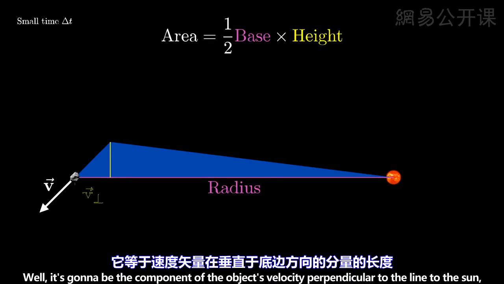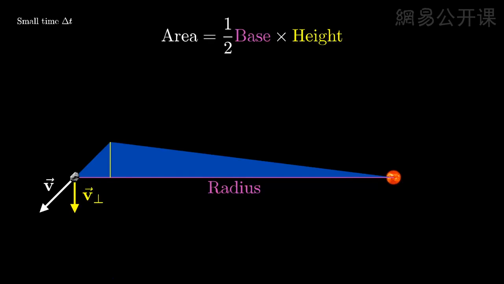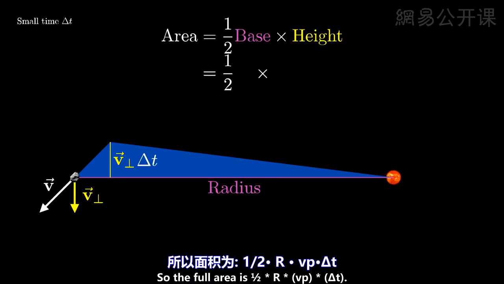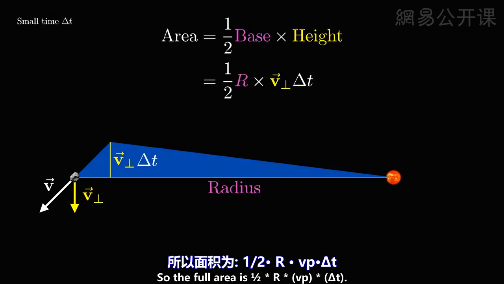Well, it's going to be the component of the object's velocity perpendicular to the line of the sun, what I'll call v perp, multiplied by the small duration of time. So the full area is 1/2 times the radius times v perp times delta t.